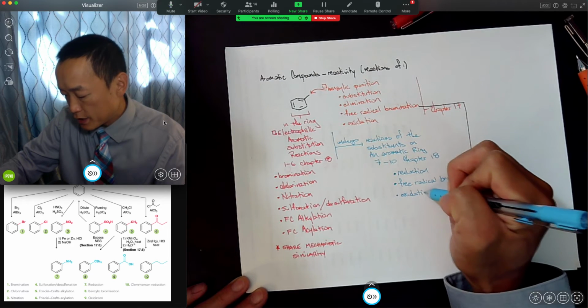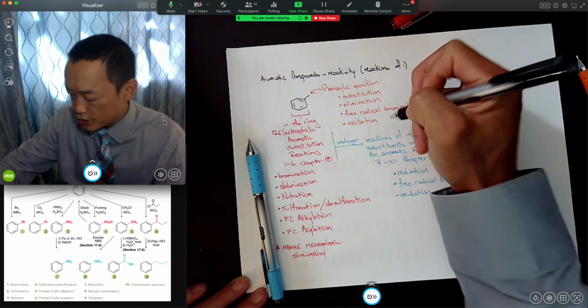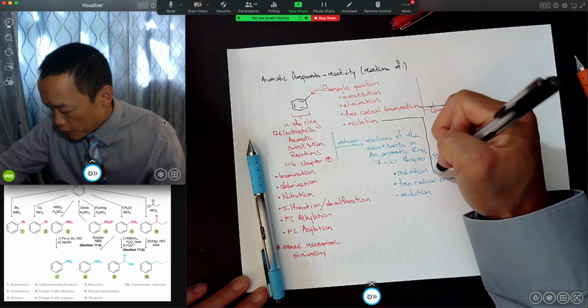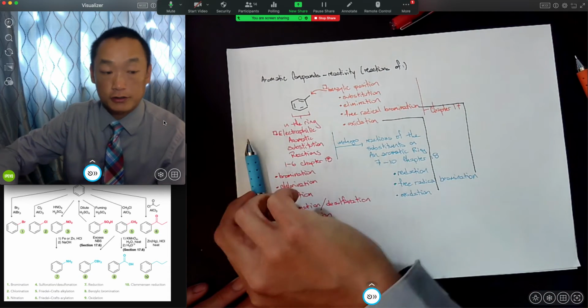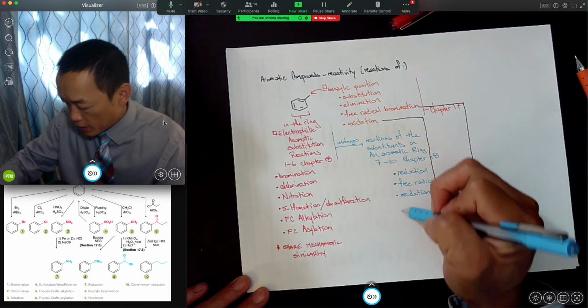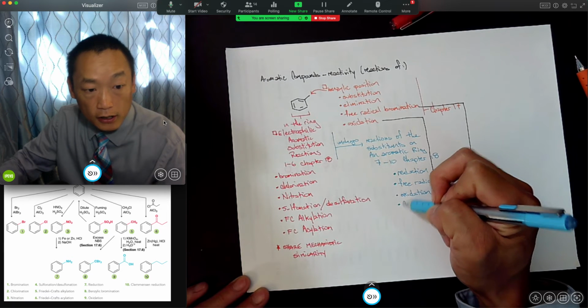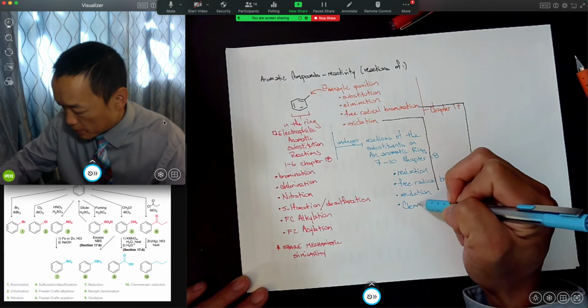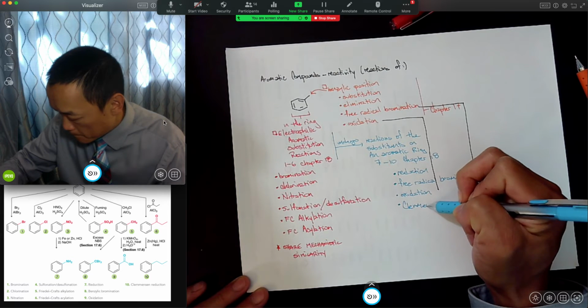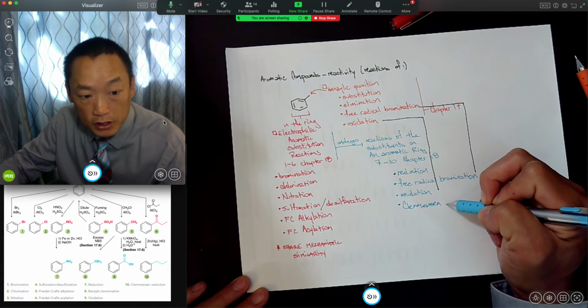Oxidation, it appears like oxidation gets covered twice when we look at this unit. So same exact mechanism there. And then there's this Clemmensen reduction as well.